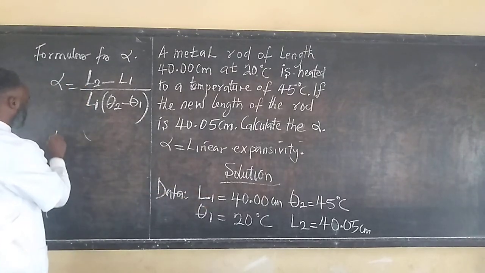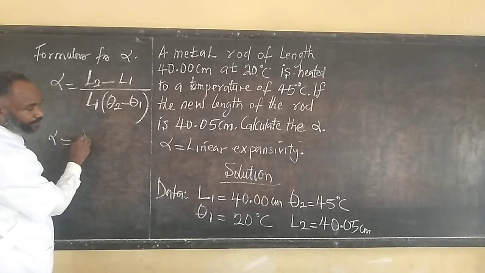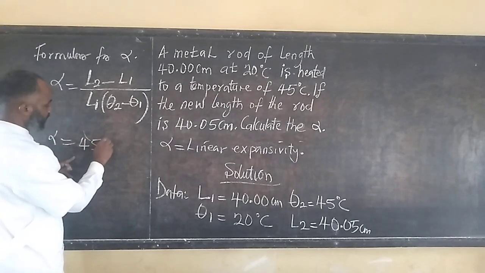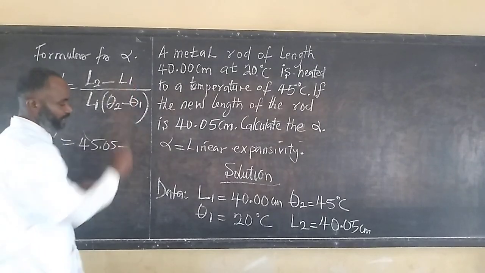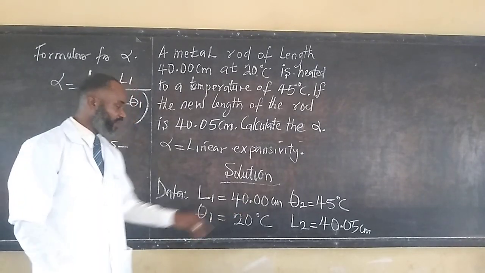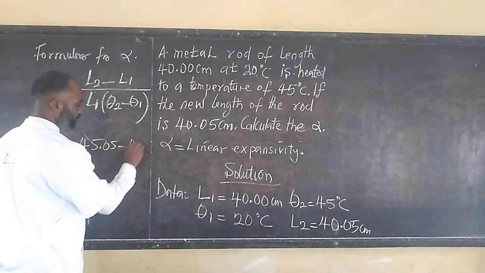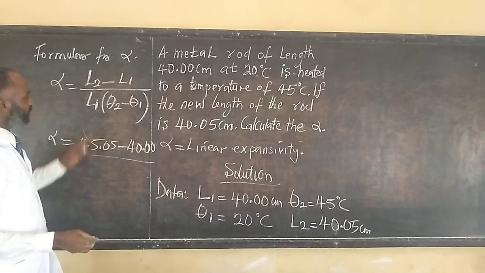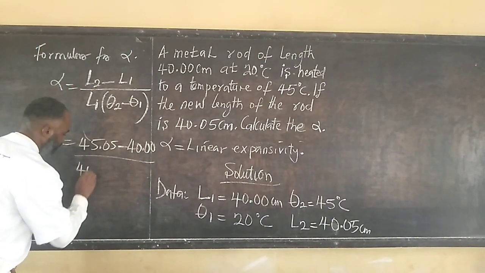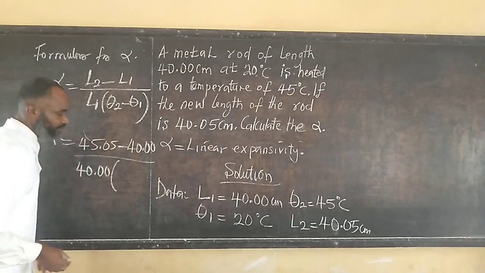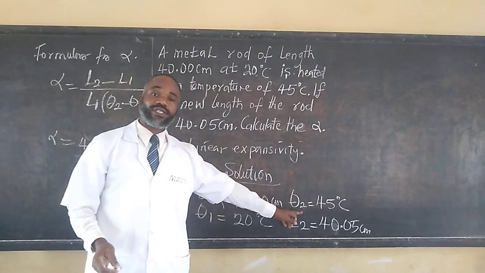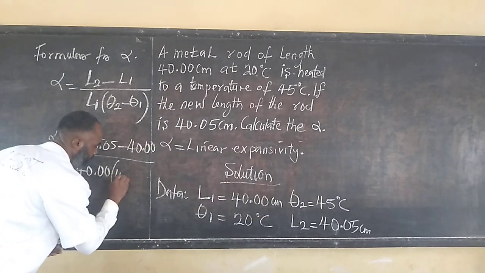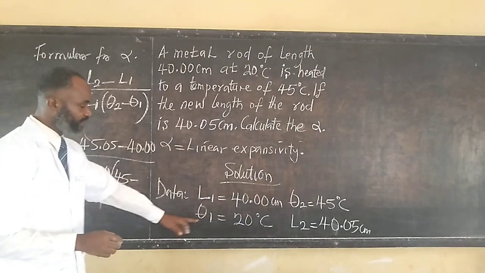So we just substitute. Here L2 is 40.05, minus L1, which is 40.00, all over L1 again, 40.00, times the bracket of theta 2, which is 45 degrees, minus theta 1, which is 20 degrees.